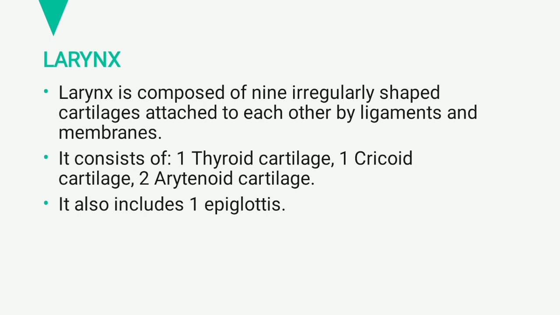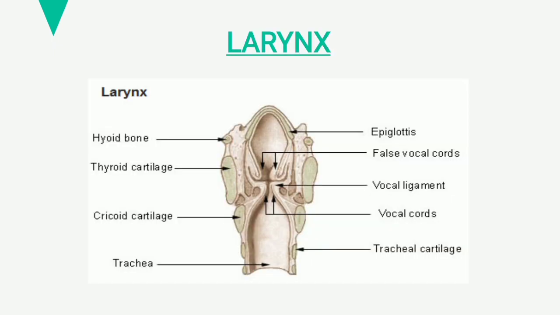Thyroid cartilage is the most prominent of the laryngeal cartilages. The cricoid cartilage lies below the thyroid cartilage, and the arytenoid cartilages are two roughly pyramid-shaped hyaline cartilages which are on the top of cricoid cartilage.